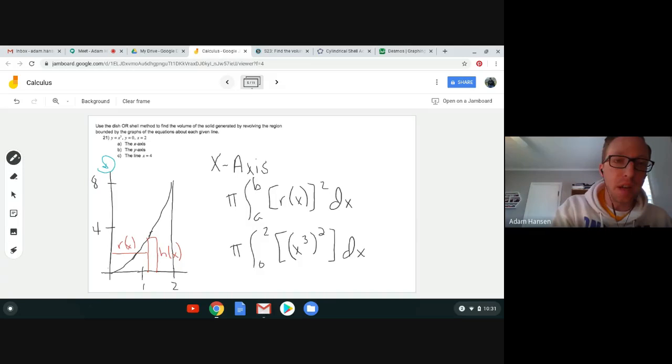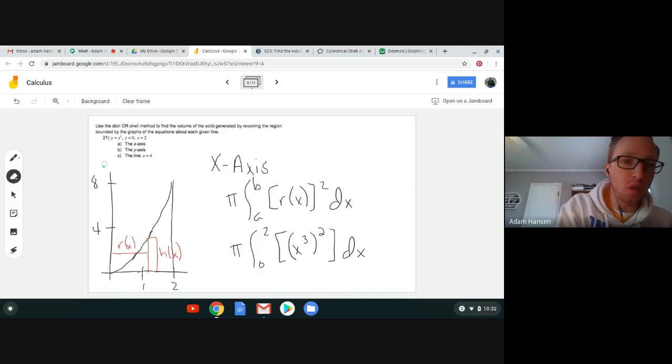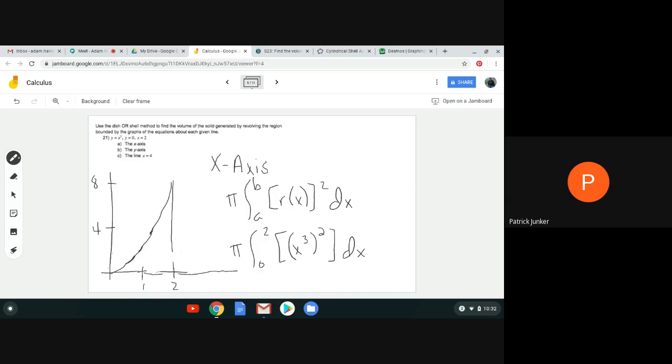Okay, now we're going to do the same thing, but we're going to rotate around the line x equals 4. So while I get this redrawn again, think about what I want to use, the disk washer method or the shell method. What are your thoughts? You could do washer, or you could do shell.